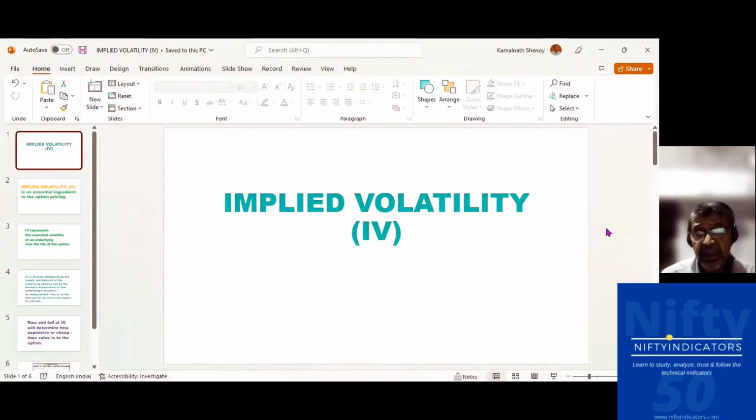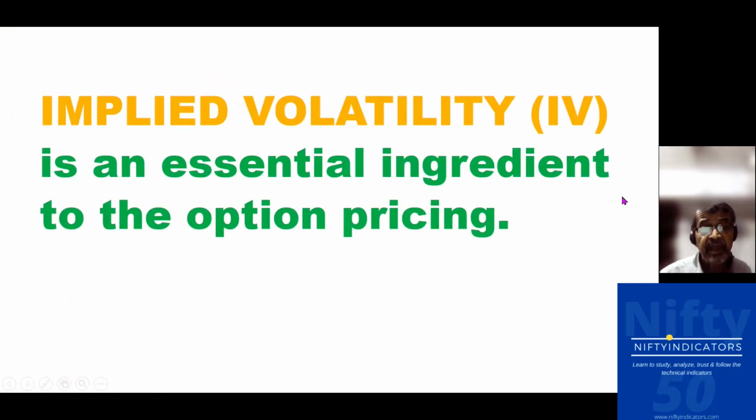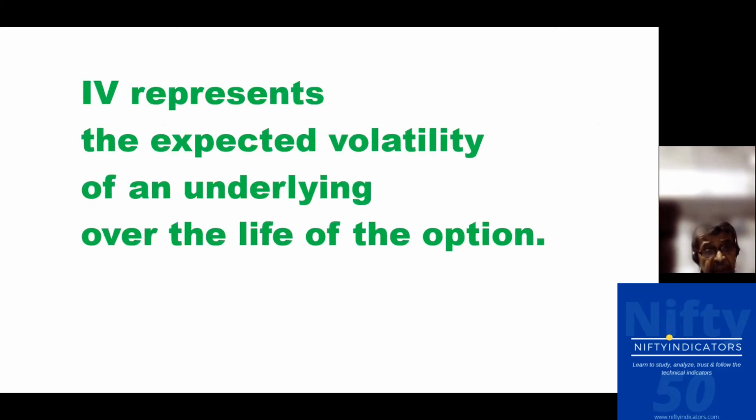Implied volatility is a very important aspect of trading. Implied volatility is an essential ingredient of option pricing. It represents the expected volatility of an underlying over the life of the option.